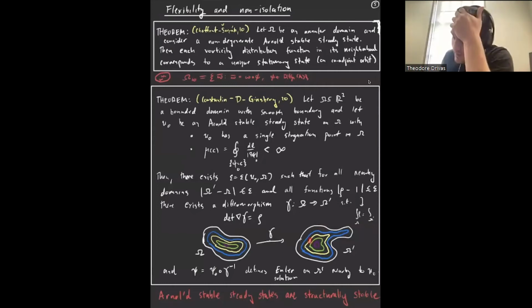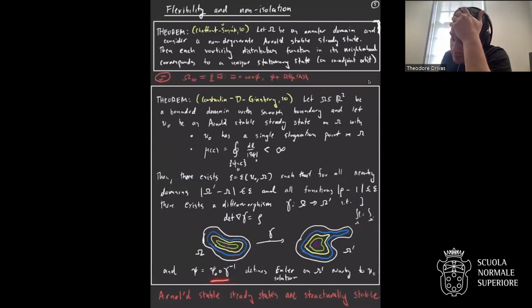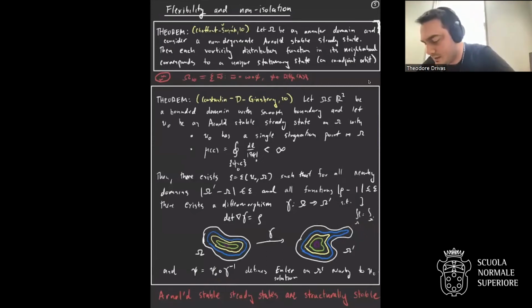And moreover, this stable solution inside has the property that the stream function of that guy is given by the stream function of the initial one along some volume preserving diffeomorphism. So you actually get a characterization, even uniqueness, if you just perturb the stream function a little bit of a stationary state on this leaf of deformed stream function by diffeos.